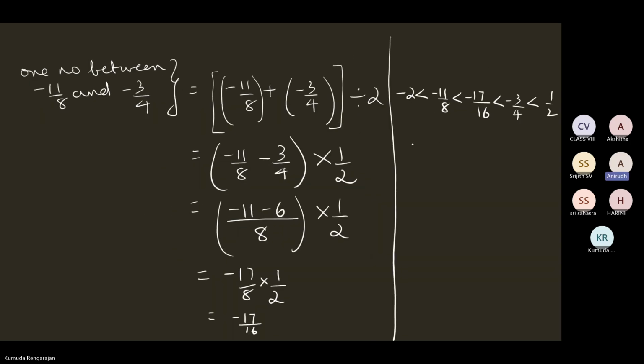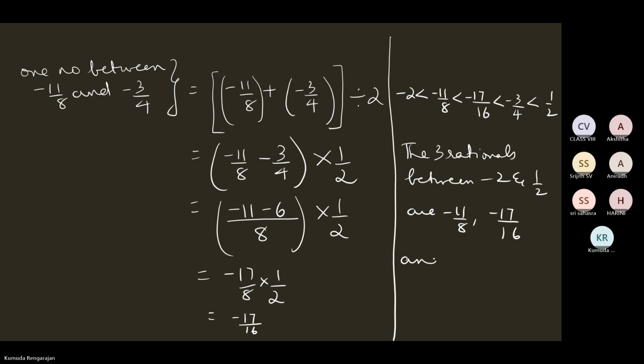The three rationals between minus 2 and 1 by 2 are minus 11 by 8, minus 17 by 16, and minus 3 by 4. Very good.